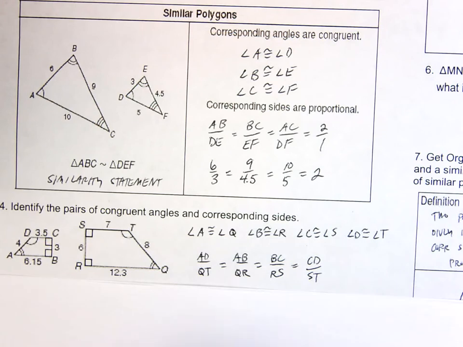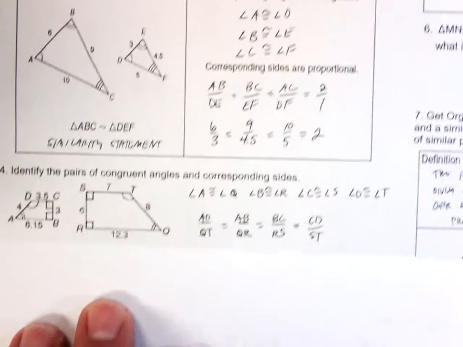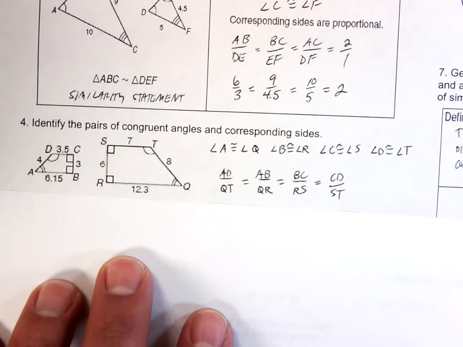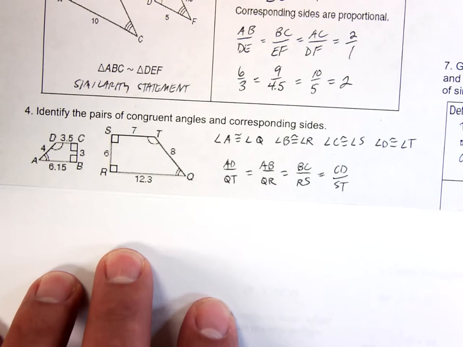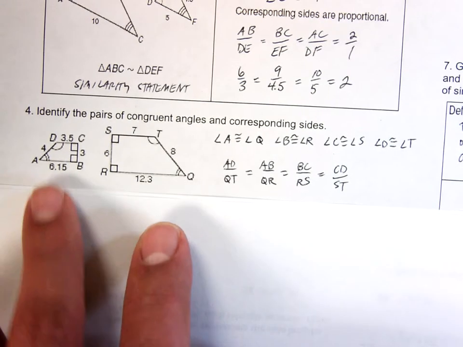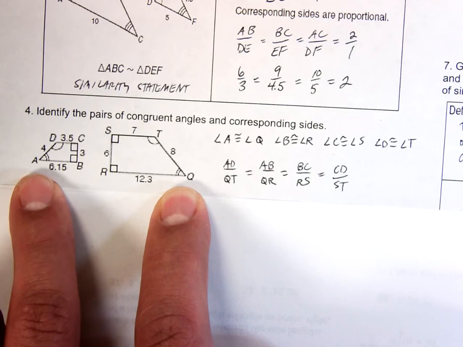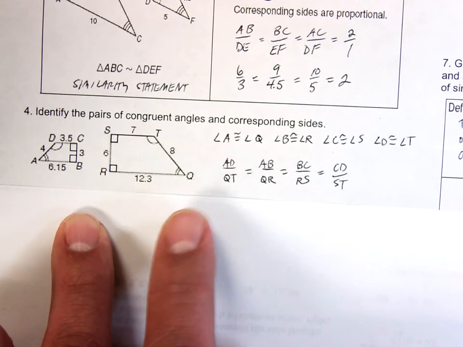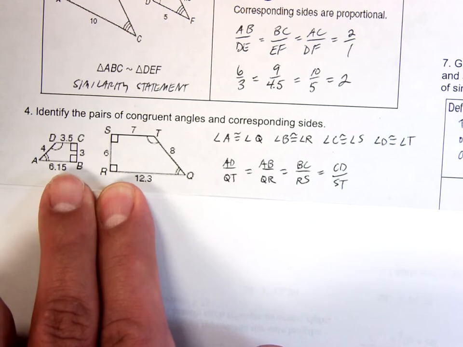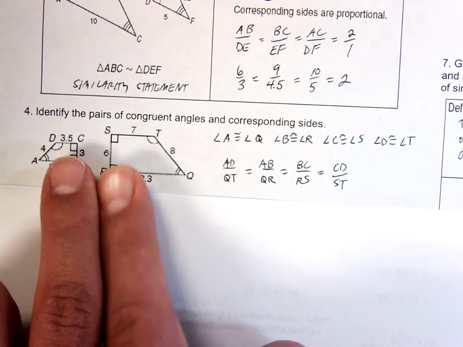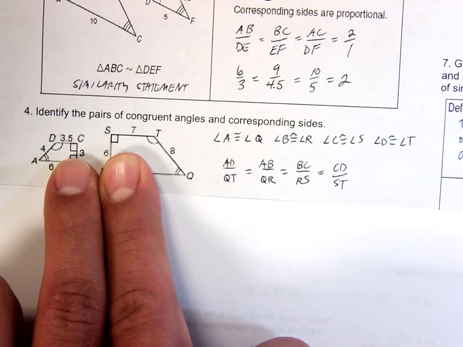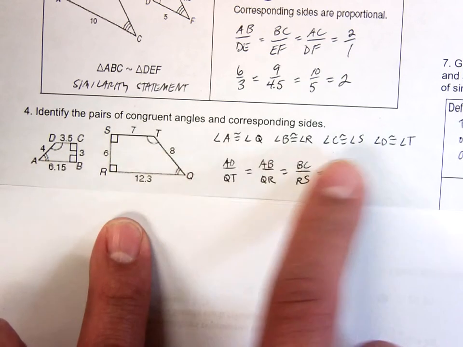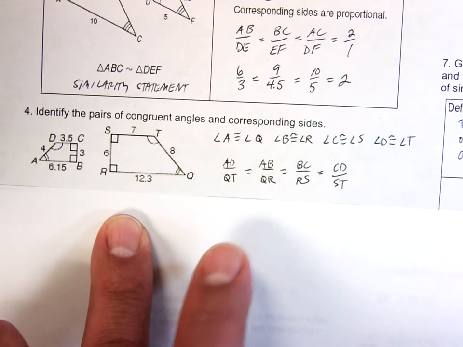Alright, example. This was just having us identify the pairs. So identify the pairs of congruent angles and corresponding sides. So I'm just going to match up again. Angle A and angle Q each have 2 arcs, so angle A is congruent to angle Q. Angle B and angle R are both right angles. Angle C and angle S are both right angles, and angle D and angle T each have 1 arc, so they must be congruent.